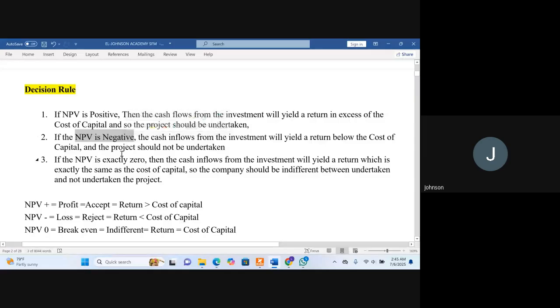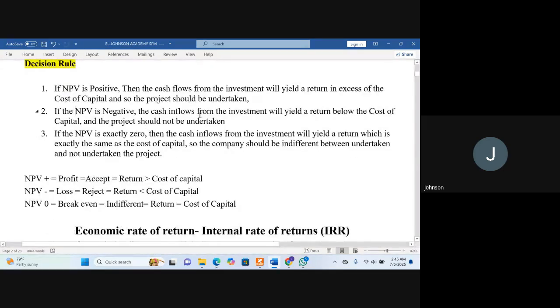Now, if your NPV is negative, it means that the cost of capital you are using is higher than your internal rate of return. So when your NPV is negative, you should reject the project because at this stage you are going to be making a loss from the project. You are not going to make a profit. That is that. So if your NPV is negative, kindly reject the project.